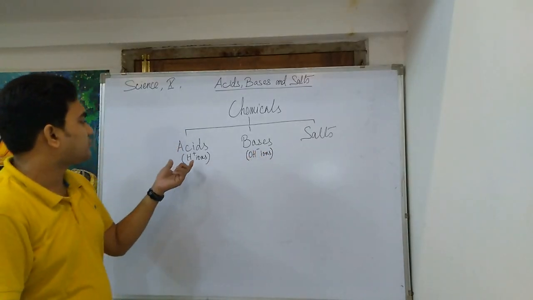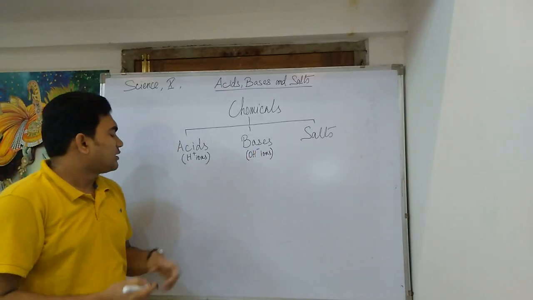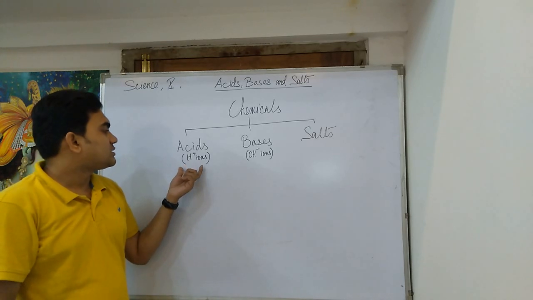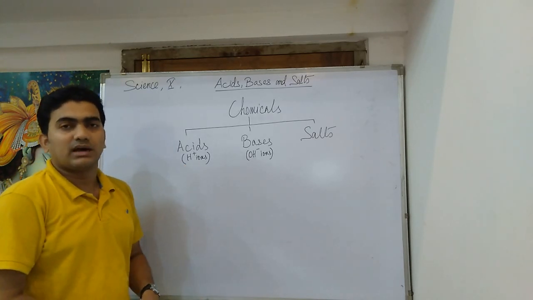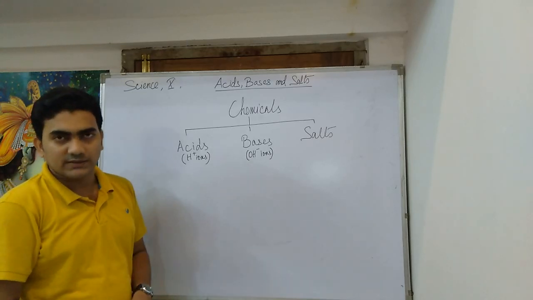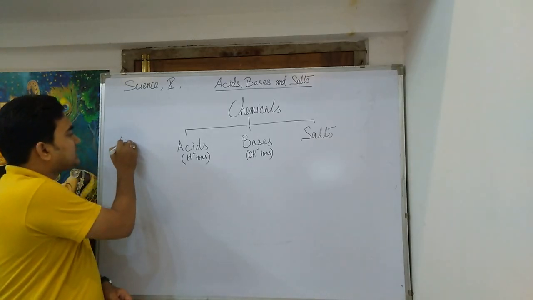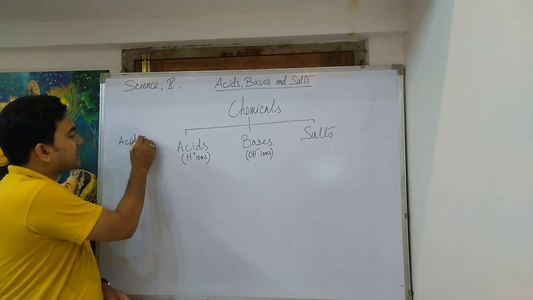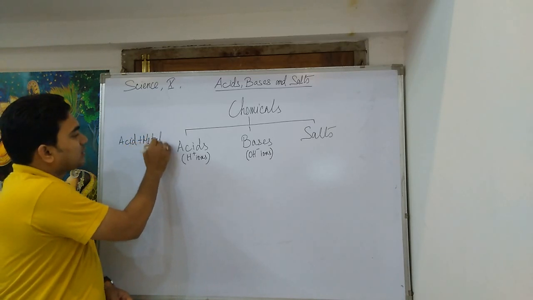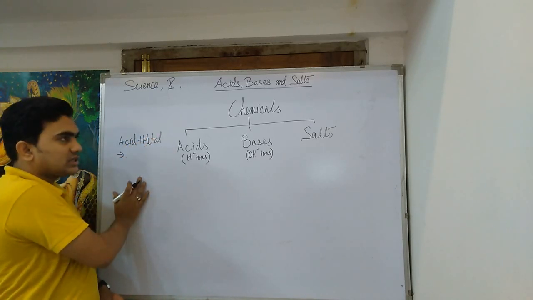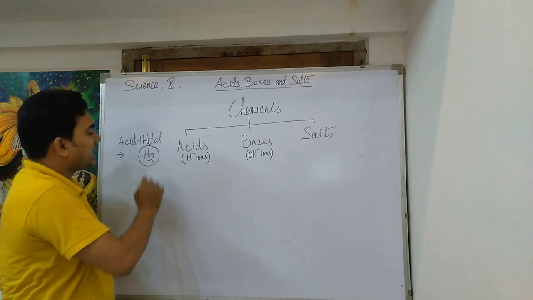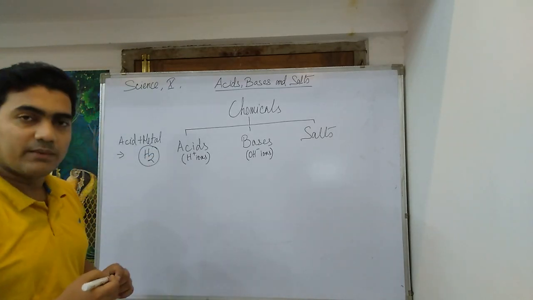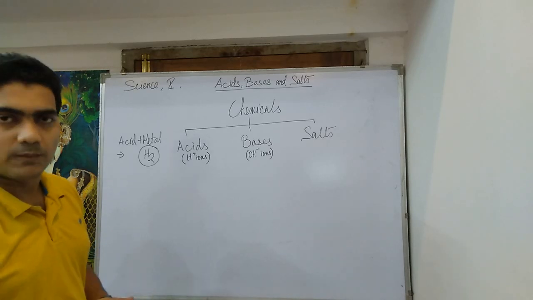Another definition of acids is that when an acid reacts with a metal, the outcome is hydrogen gas, along with a certain chemical substance. This hydrogen gas, when exposed to flame, burns with a popping sound.